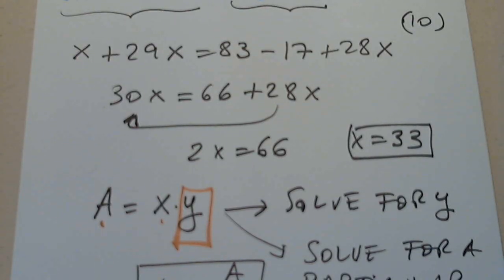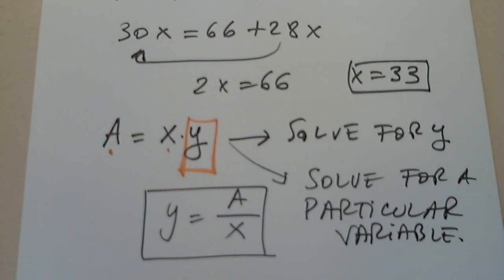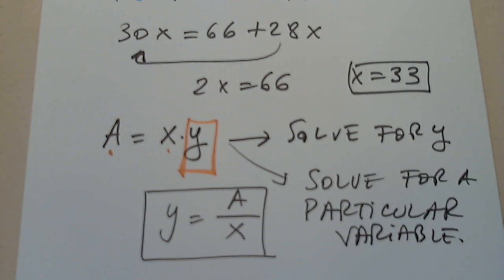Okay. We have a formula. N = P + 0.05P. Oh, they're starting quite strong. Good. They're asking us to solve.